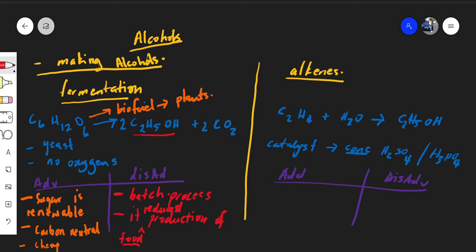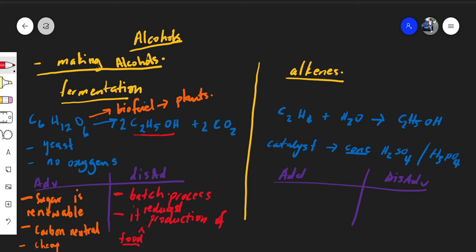So farmers will sacrifice producing food and make this, and this will raise the cost of food. That is actually a very big disadvantage of using this.